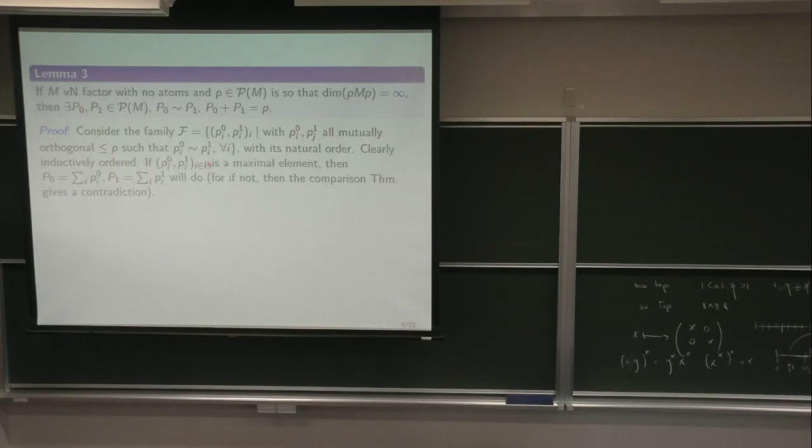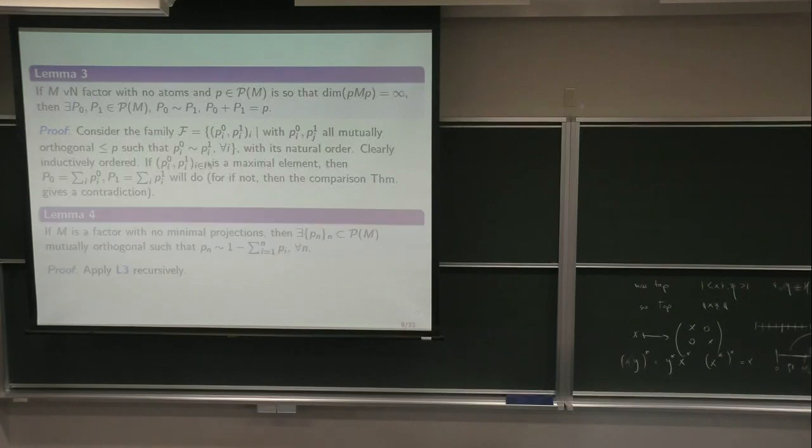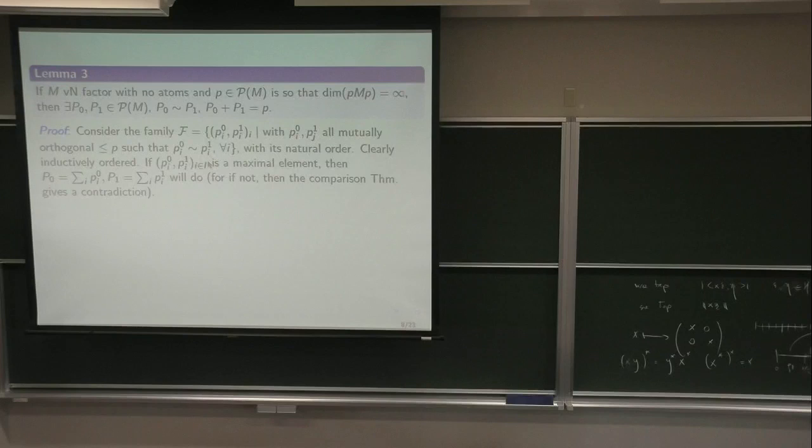It's by a maximality argument. You take projections that are equivalent, under P, all mutually orthogonal, all on the left and all on the right, but also between them.